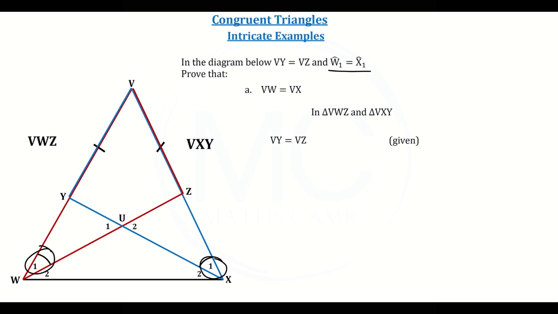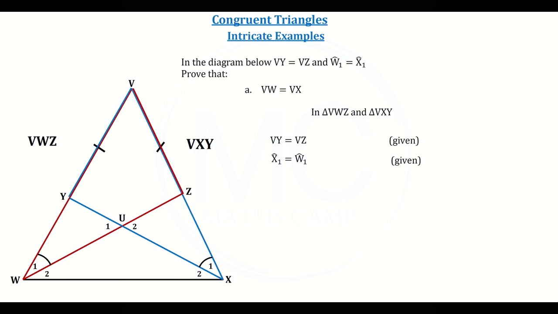So let's make the statement that angle X1 is equal to angle W1 because this has been given to us in the question. Now we have one pair of equal sides and one pair of equal angles. So we need to find one more side or one more angle.